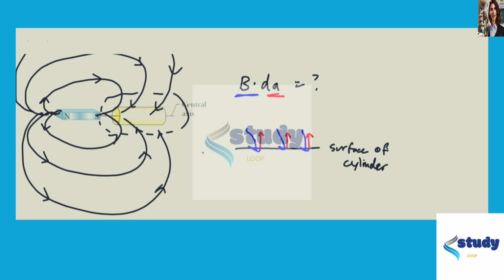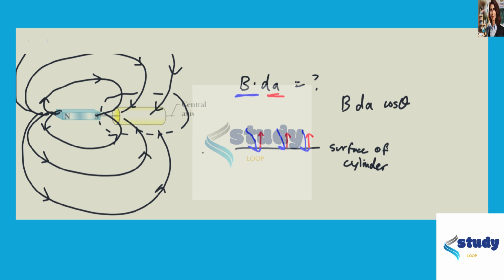Of course, B dot dA is B dA cosine theta. So as long as dA has a component which is parallel to B, it's going to be positive. But if dA has a component which is anti-parallel to B, it is going to be negative.